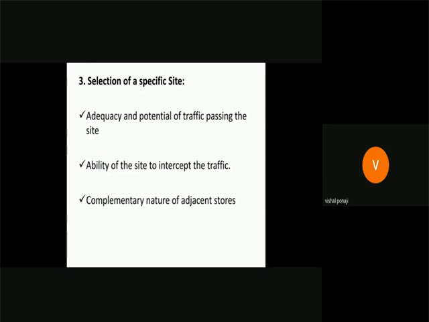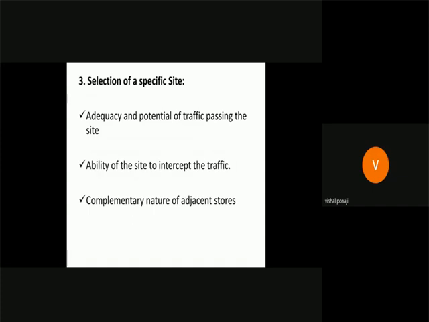That site has to have access to more pedestrians or traffic. Also, the site should help you manage the traffic, what we say intercept, so that traffic has to pass in front of that site somehow. See to it that they won't miss the retail store in that particular site, or sorry, a location.